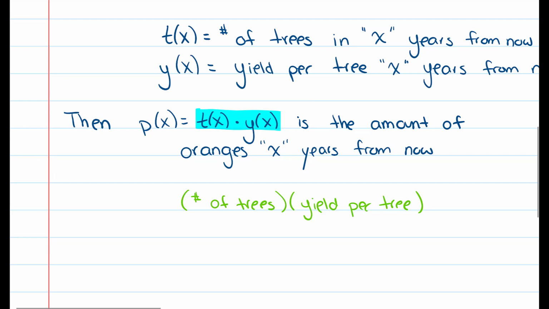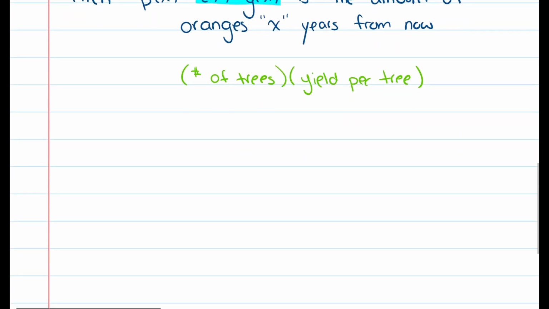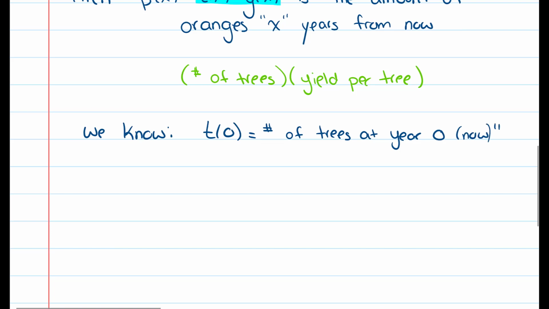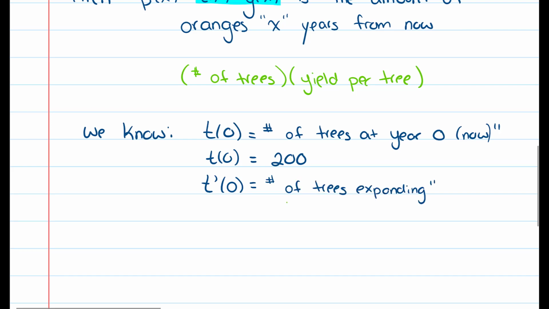And so let's talk about the information that we already know from this problem. Well, we know that t of 0, which represents the number of trees at year 0, which is right now, is equal to 200. We also know that t prime of 0 represents the number of trees expanding, which is our current rate of change of trees.